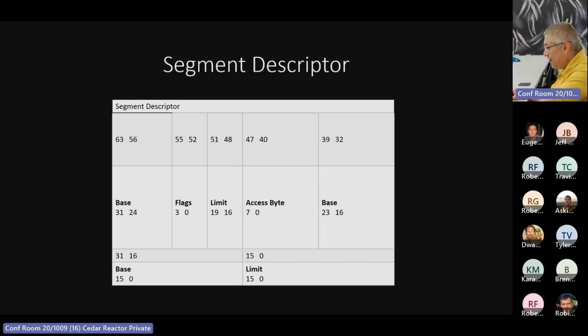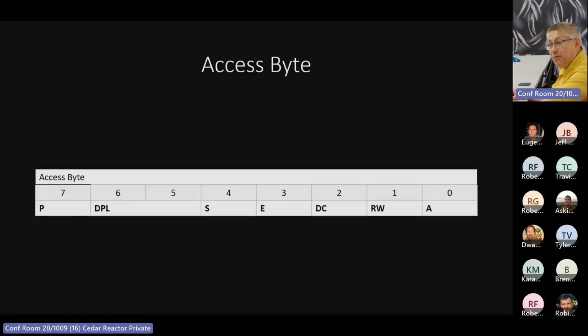But we really want to look at this part, the access byte, and understand what that means in the sense of how to design inline assembly. So we have here the access byte with bit 7 as the present bit, and then we have read write in the first bit, and then we have is it being accessed in bit 0.